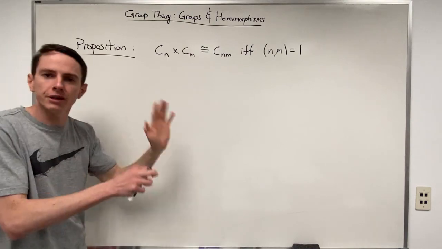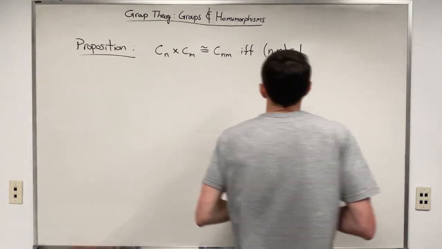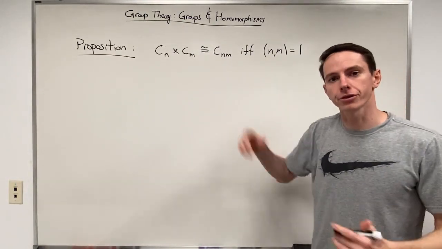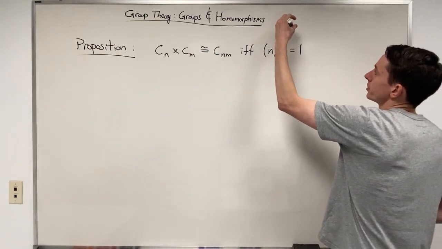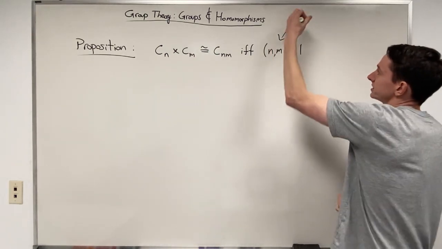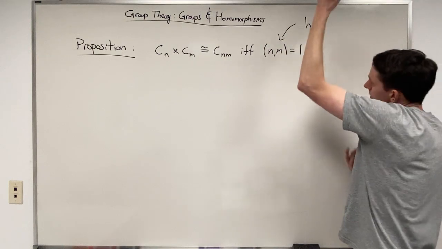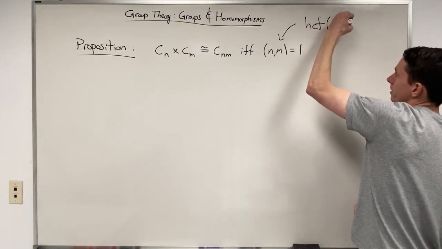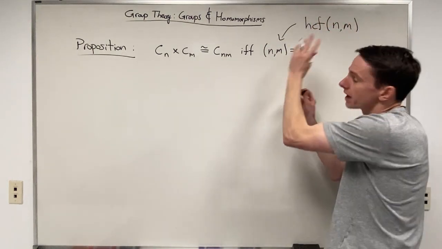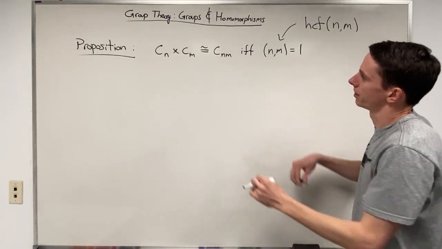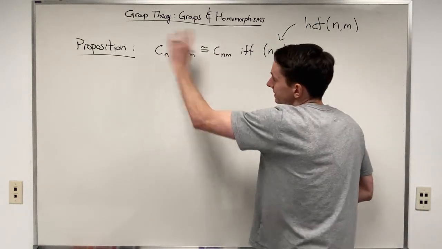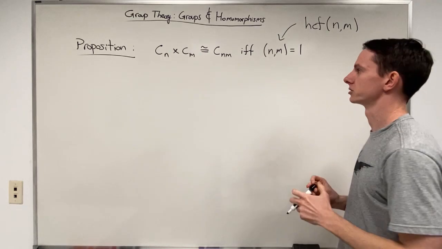Just to make sure that we're familiar with this too, this is some notation from number theory, where another way of denoting this is the greatest common factor between N and M. So essentially, if N and M are co-prime numbers, then this condition must be true and vice versa.